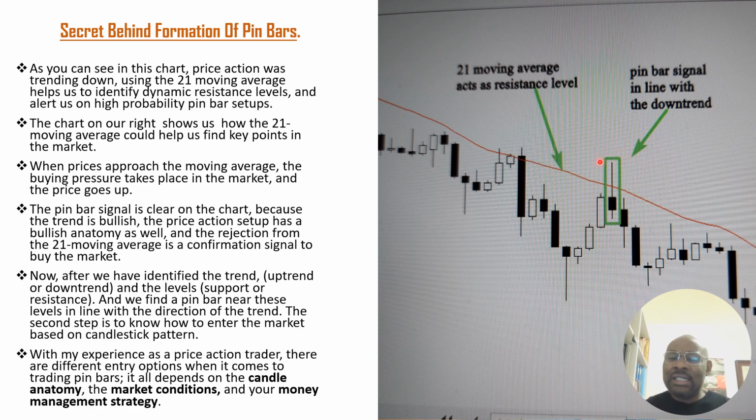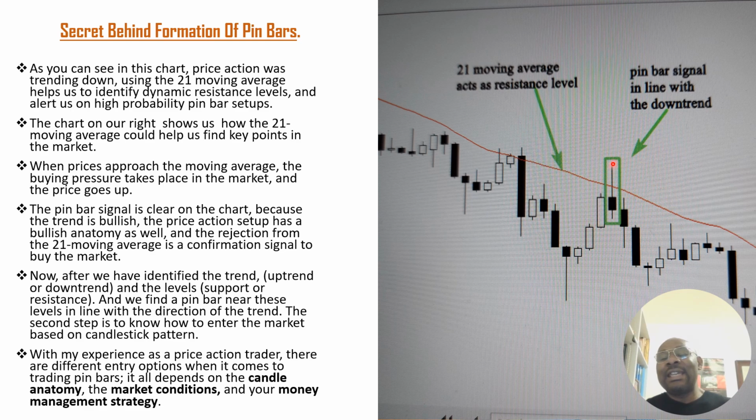So all these things you see, rejection from here, all these are orders that people have already placed there. They've done their analysis. They know that price action will retrace by the time it gets to this level. It will activate so many orders, 1001 orders are waiting.